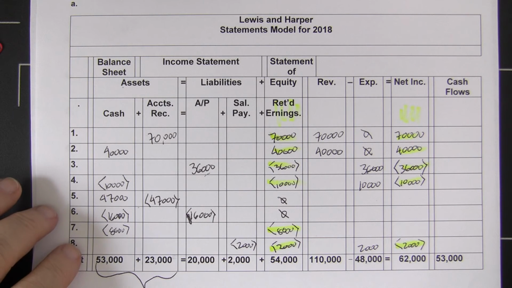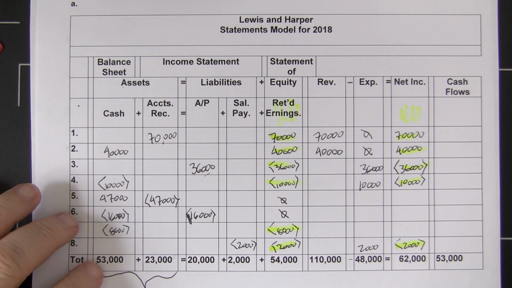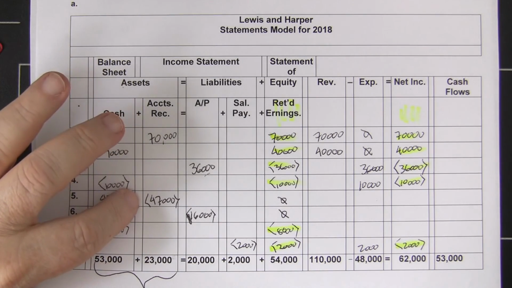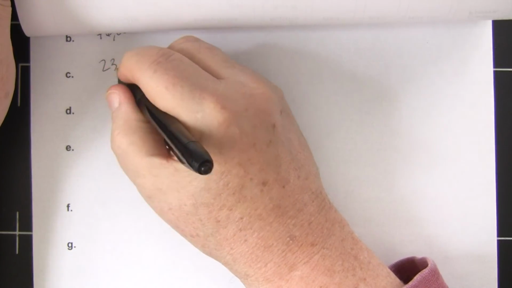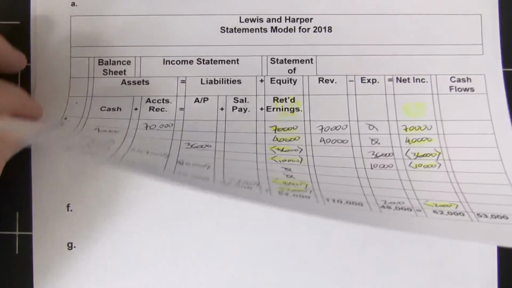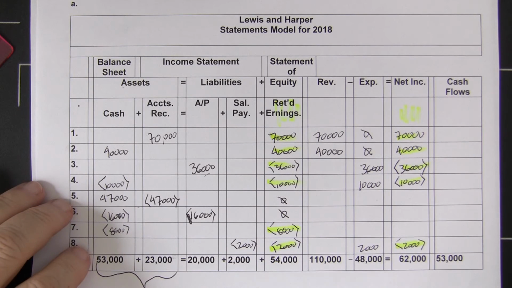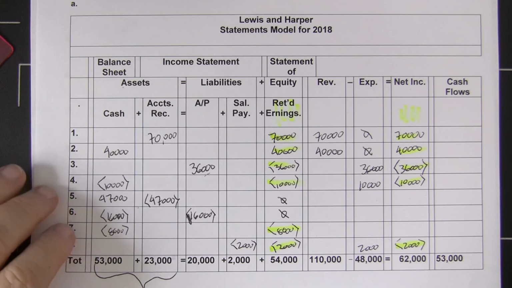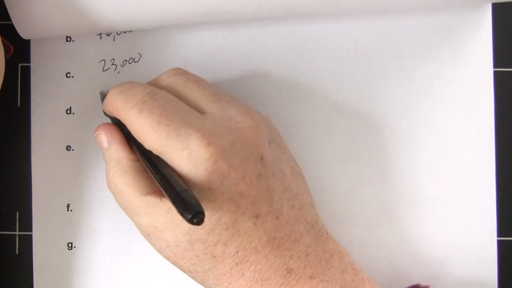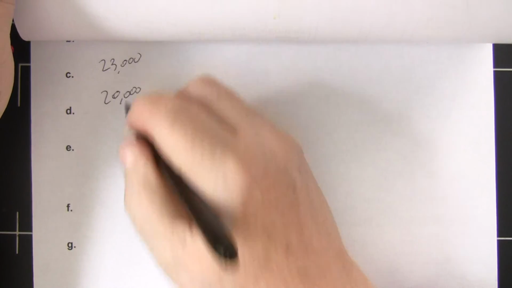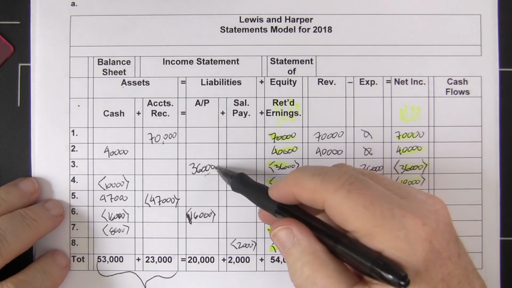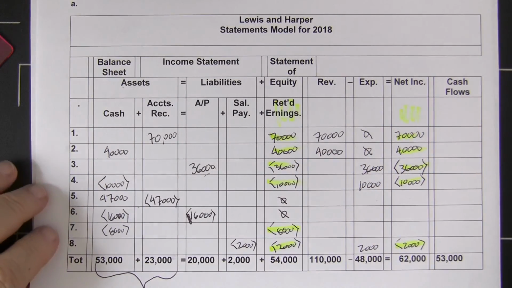What's the balance in the accounts receivable? 70 minus 47, 23. It asks us then, what is the balance in accounts payable? It's 20. What we originally owed minus what we paid.